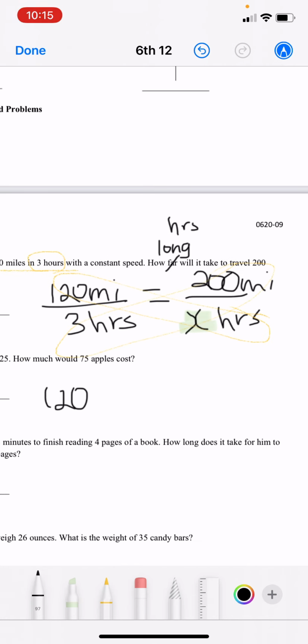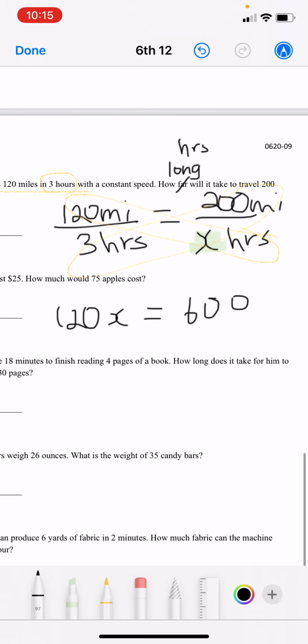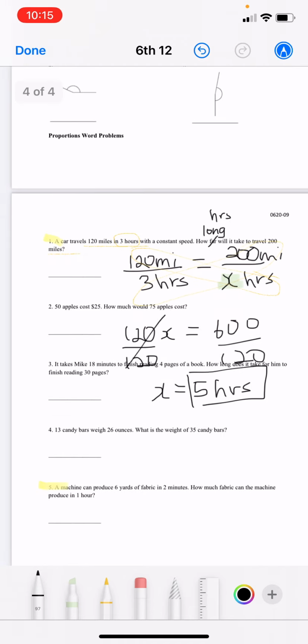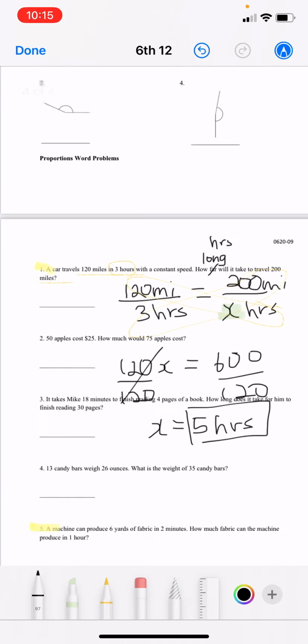So that's 120x equals 600. Isolate x, divide both sides by 120, and we get x equals 5. Don't forget the hours. What does that mean? That means we can travel 200 miles in 5 hours.